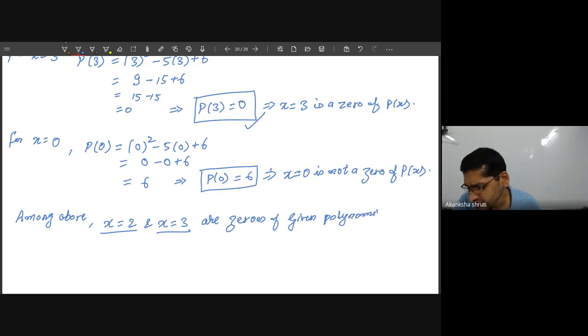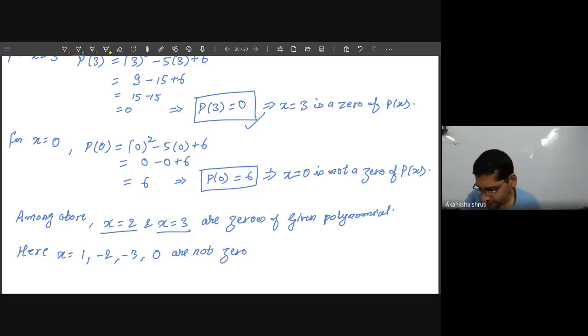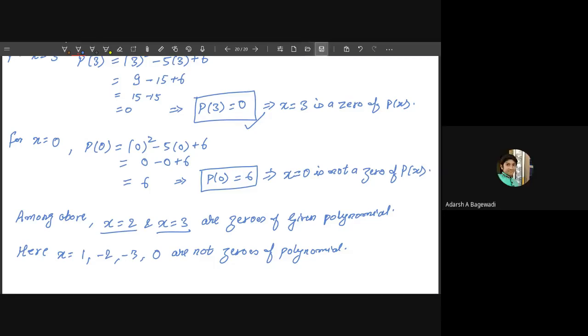Another thing you may write, which are not zeros: x equals 1, minus 2, minus 3 and 0 are not zeros of the given polynomial. Good. Students, this way you can determine which of the given values of x is a zero of the polynomial or not. I hope it is clear.